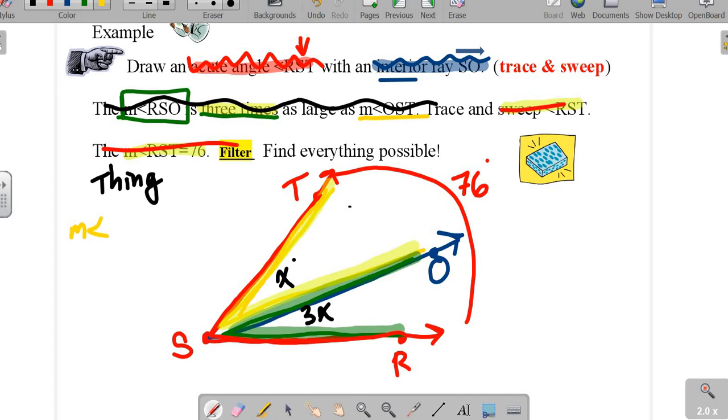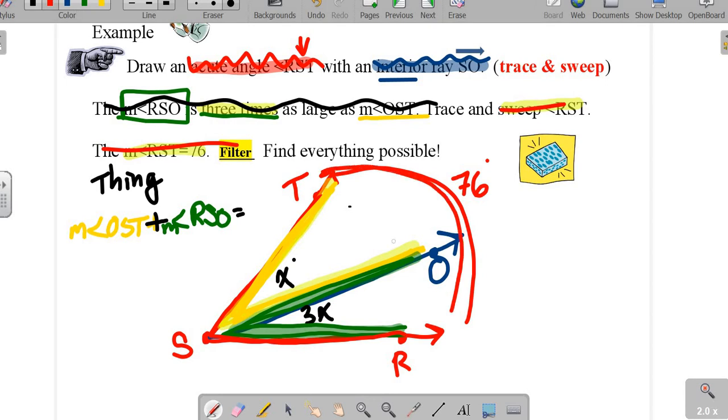That the measure of this angle, OST, which I'm going to color code, plus the yellow angle plus the green angle, measure RSO, equals this large red angle, which is the measure of angle RST. That's your thing equation. Yellow plus green equals red. Little angle plus little angle equals big angle.